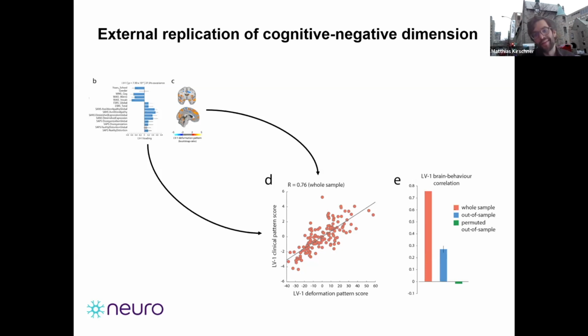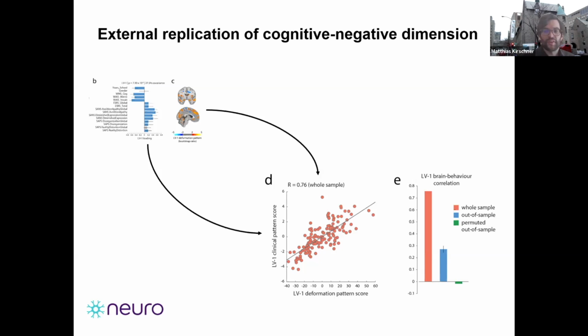To investigate the stability of our findings, we tried to replicate this first latent clinical variable in an out of sample replication. So we used a completely independent data set and projected our first latent clinical variable on the brain data of this independent data set, and we were able to explain 30% of the variance in brain changes based on our clinical anatomical variable from our first analyses.